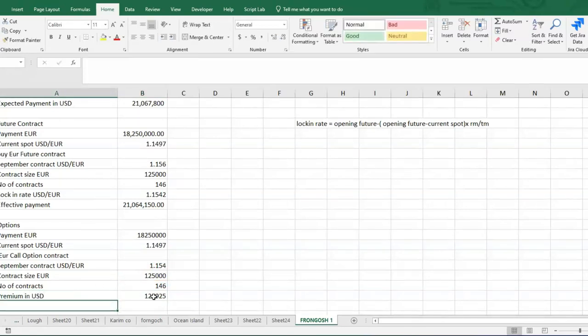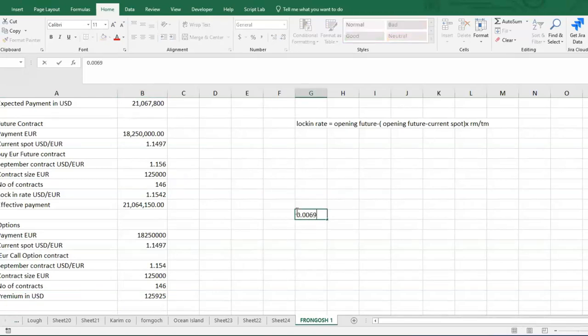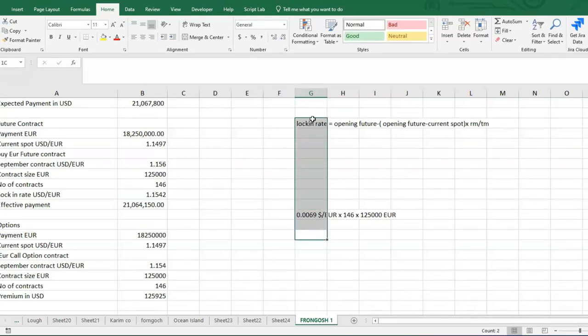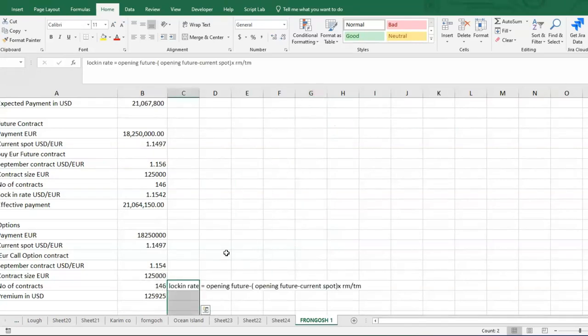How? 0.0069 was dollar over euro into 146 into 125,000 euros. So euro will be cancelled out. Answer will be in dollars. Okay. I will remove all this working in G column because this is just to teach you.